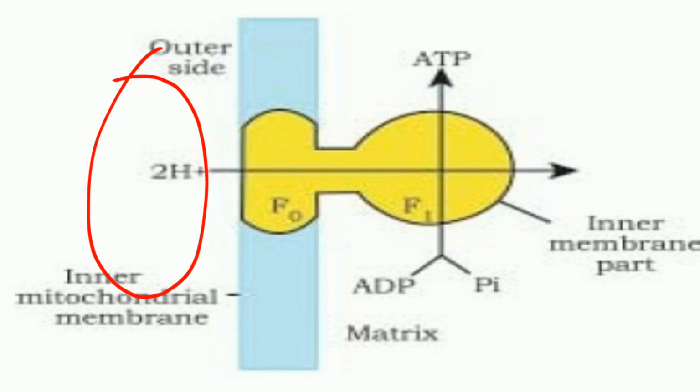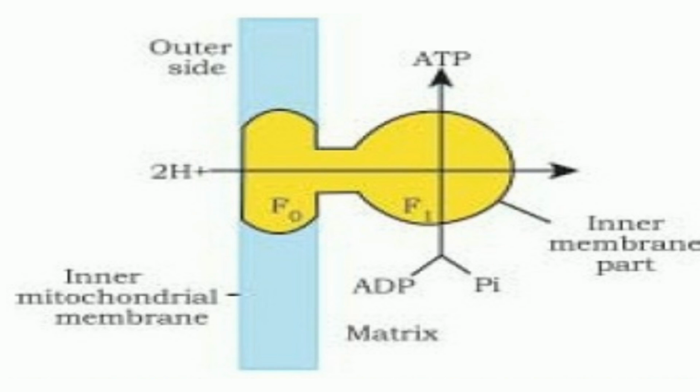Because the rush of protons is created, a proton gradient is created on this side, and so it pushes the protons back. The return flow of protons down the electrochemical gradient through the enzymatic complex is responsible for the activation of ATPase, which drives synthesis of ATP from ADP.